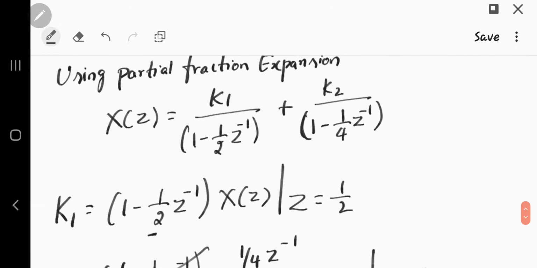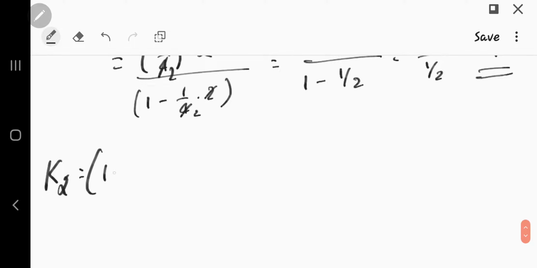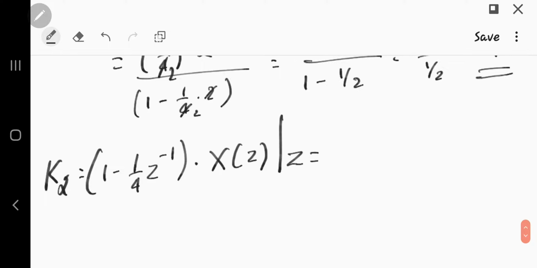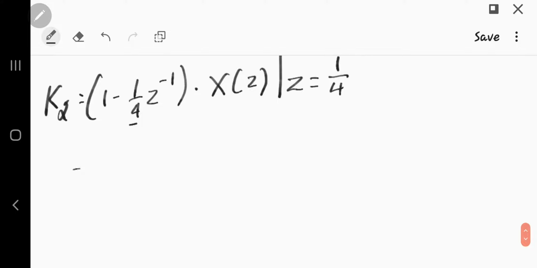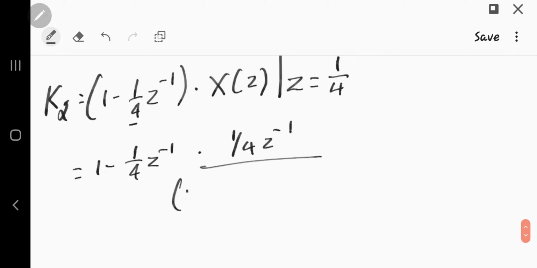Coming to k2, the denominator for k2 is 1 minus 1 by 4 z inverse into x of z, where z takes the value of psi l. Here in place of psi l we have 1 by 4. So z takes the value 1 by 4 here. 1 minus 1 by 4 z inverse into 1 by 4 z inverse divided by 1 minus 1 by 2 z inverse and 1 minus 1 by 4 z inverse.